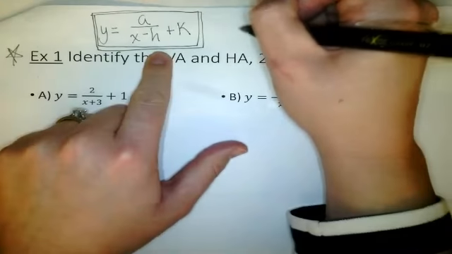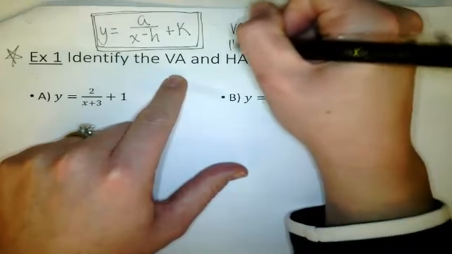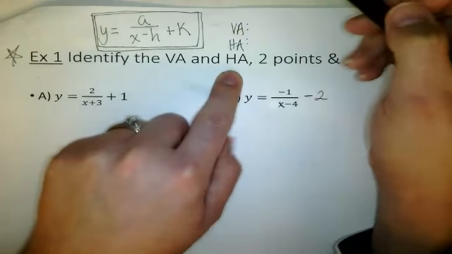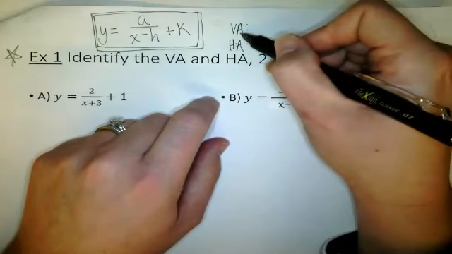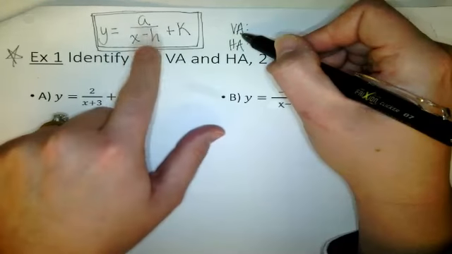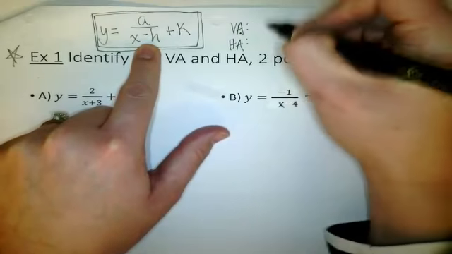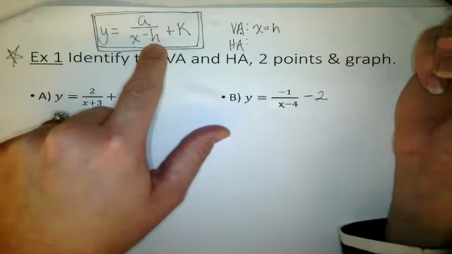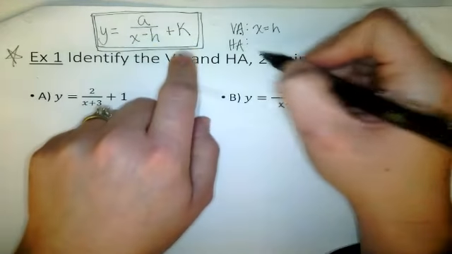And from this form, we can find our vertical asymptote and horizontal asymptote. Vertical V, horizontal H, vertical and horizontal asymptote. Where does the vertical asymptote come from? Denominator. Comes from the denominator. I'm going to ask that every day. Okay. And it's very simple to just look at it and say x equals h, whatever that h value is in the denominator. And what is the horizontal asymptote?